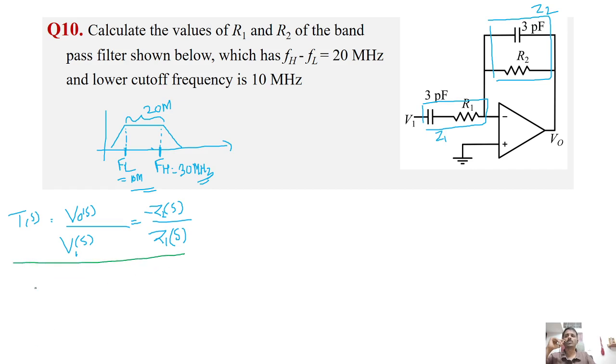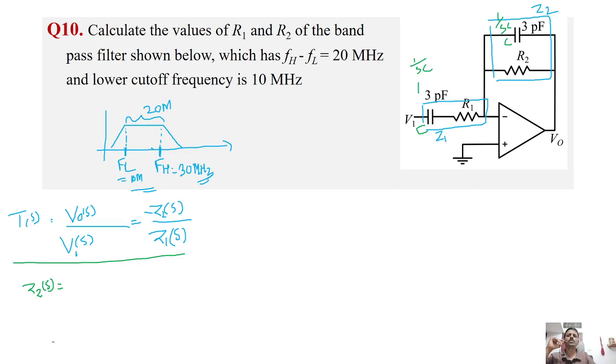Okay, so what is Z2 of S? Z2 of S is the parallel combination of this capacitor and resistor, right? Both capacitors are 3 picofarad, so we'll denote both as C. In the Laplace domain it is 1 by SC, here also 1 by SC.